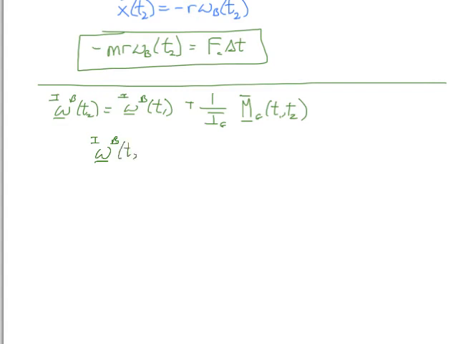So we can simply replace this at time 2 with omega b at time 2, and omega b as observed in I at time 1 with omega sub b at time 1. This takes care of these two terms, but we can apply a boundary condition because we know that the cue ball is starting from rest. So that means that omega b at time 1 is equal to 0.